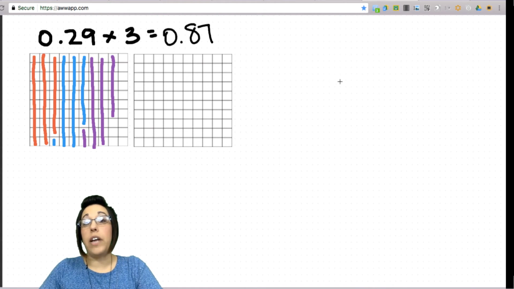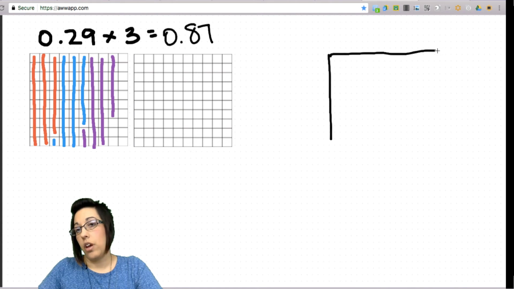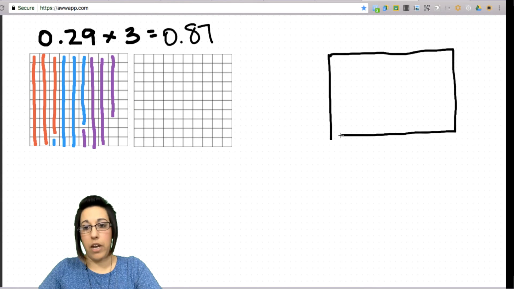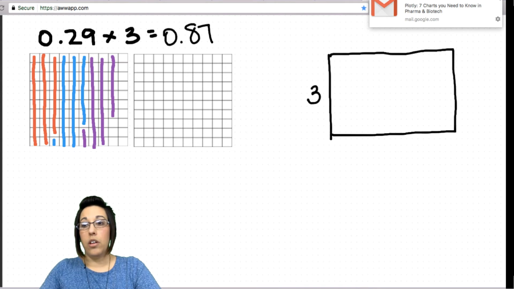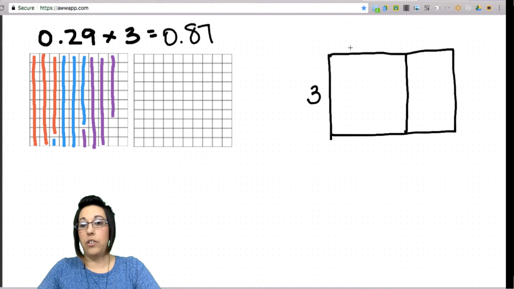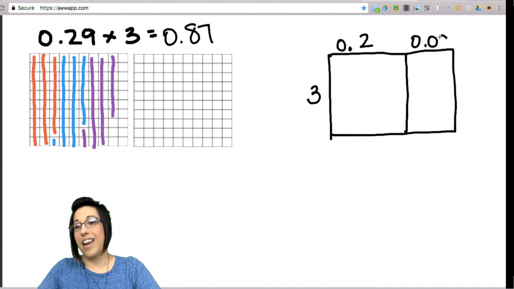So let's look at what an area model would look like for this problem. I start with my area. It doesn't matter which side my numbers go on as long as I break them up based on place value. 3 I'm going to put here. The 29 hundredths I'm going to break up into 2 tenths and 9 hundredths.